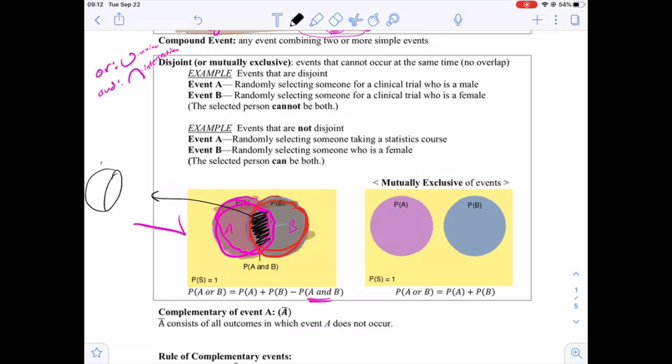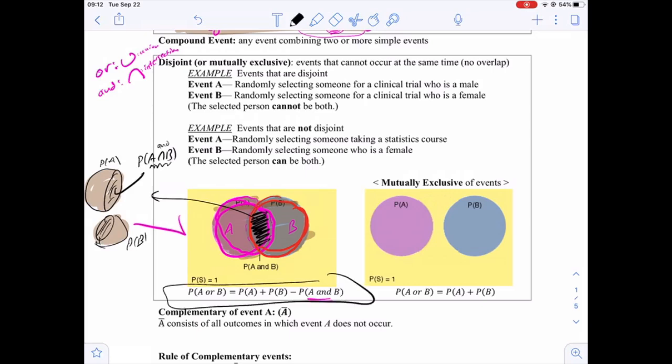We just want to consider it once. So we take the probability of A plus the probability of B, but this is now counted twice, so we subtract one of them. That means the probability of A and B, the occurrence at the same time. We subtract the intersection, as we did in this formula.